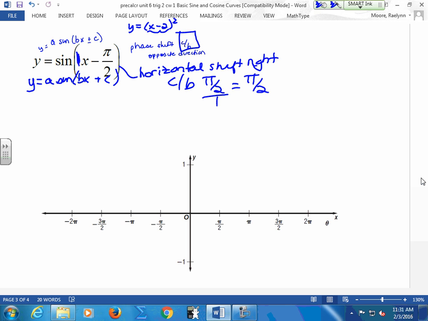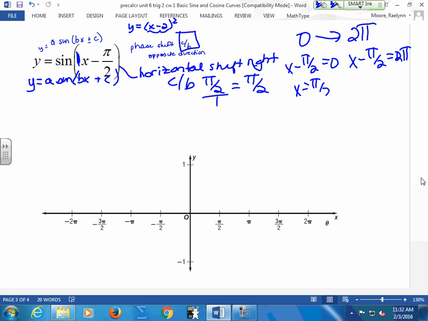Okay? Now, normally we said we go from 0 to 2 pi. So we're going to take this guy, set it equal to 0, and take it to set it equal to 2 pi. I want to see where should my complete cycle be? I add pi over 2, so I'm going to start at pi over 2.